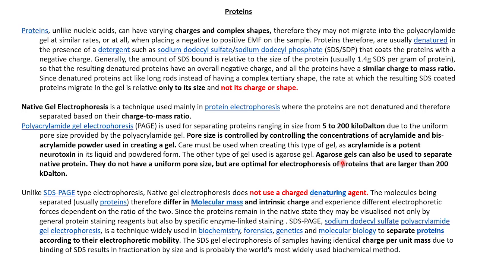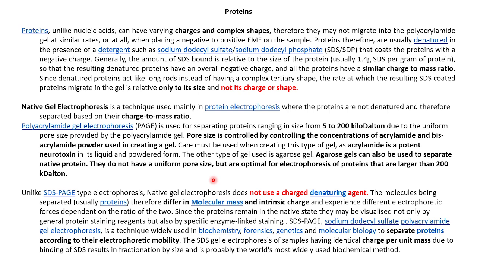Acrylamide, as I mentioned, is a potent neurotoxin and should be handled carefully. The other type we can use is the agarose gel, which can be used to separate native proteins. They have a uniform pore size but are optimal for electrophoresis of proteins larger than 200 kilodaltons. So we use PAGE for proteins below 200 and agarose gel for proteins above 200 kilodaltons.